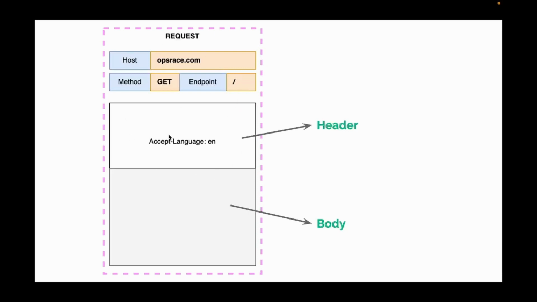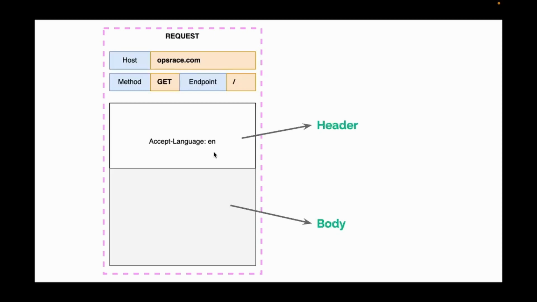This request will have two parts, or the HTTP packet has two parts. One is the header, which contains the header information, and then the body, which contains the payload, the actual data. This header tells us about the actual data. It can also instruct the server about certain things. So here it is trying to tell the server, I would accept only the English language.